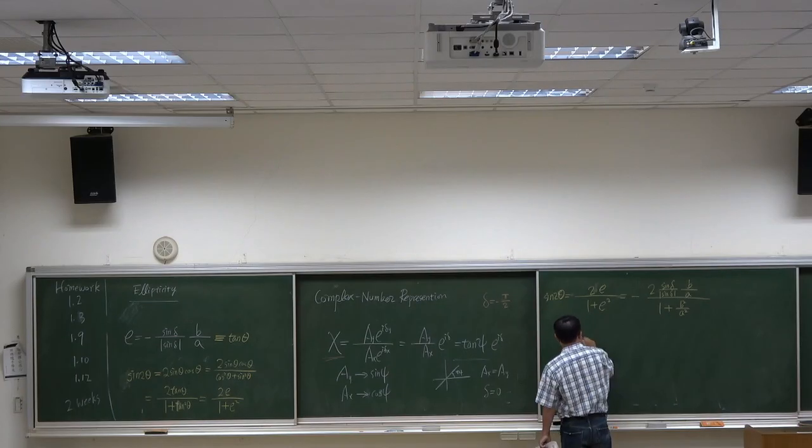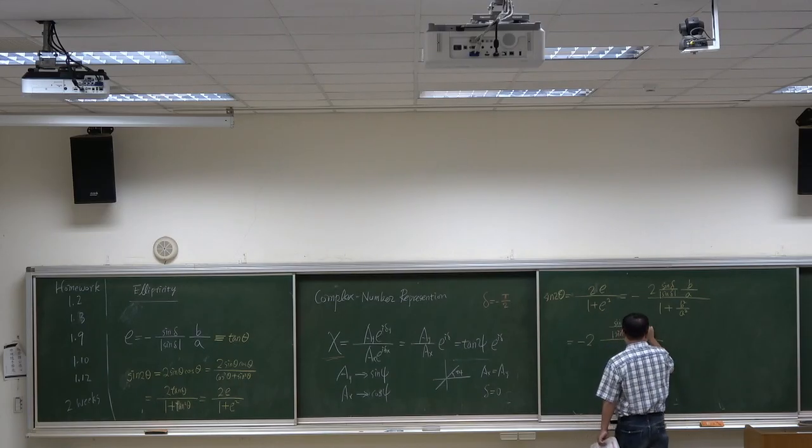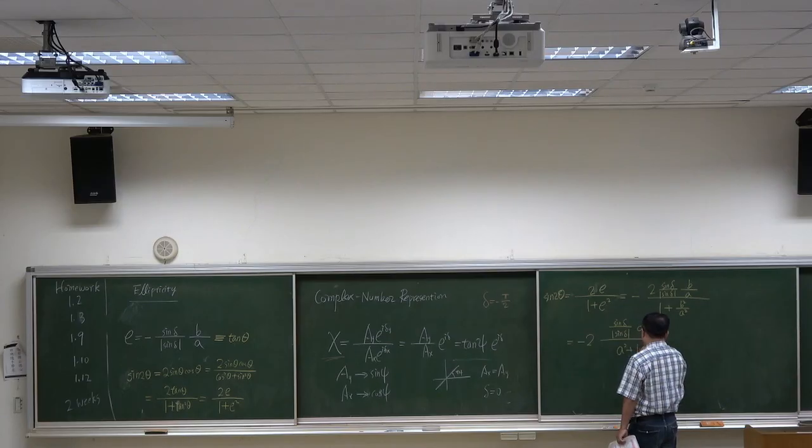And this is just equal to 2 sine delta over absolute value of sine delta times AB over A squared plus B squared.